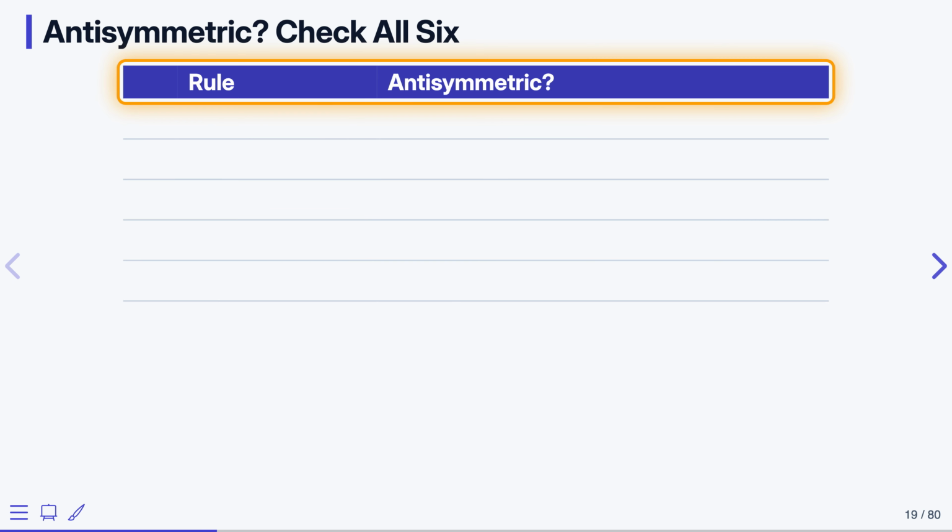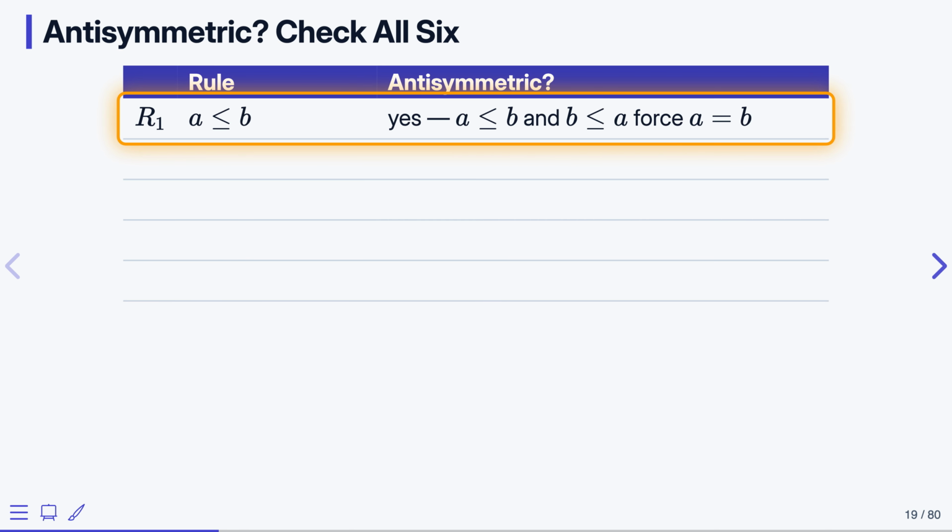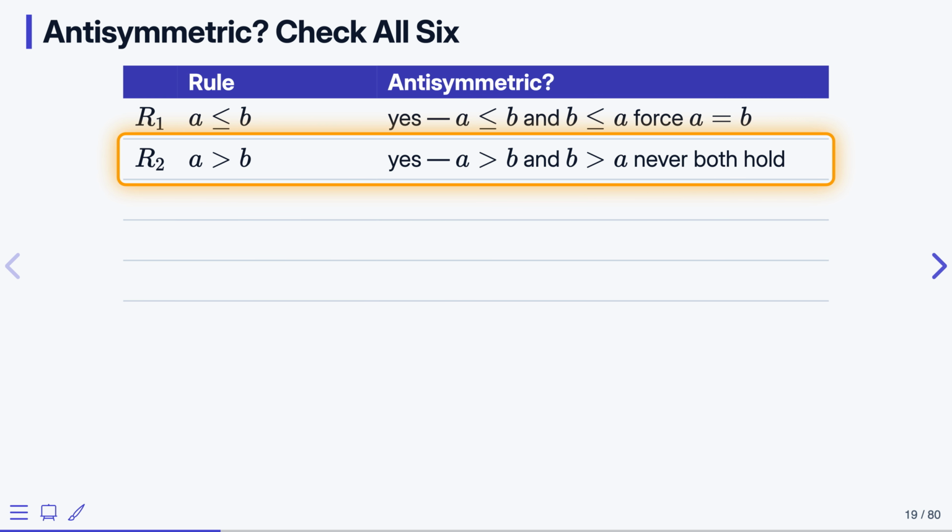Now we test all 6 against the antisymmetric rule. R1. Suppose A is at most B, and B is at most A, then A and B must be equal. So R1 is antisymmetric. R2. Suppose A is greater than B, and B is greater than A. That can never happen at the same time.